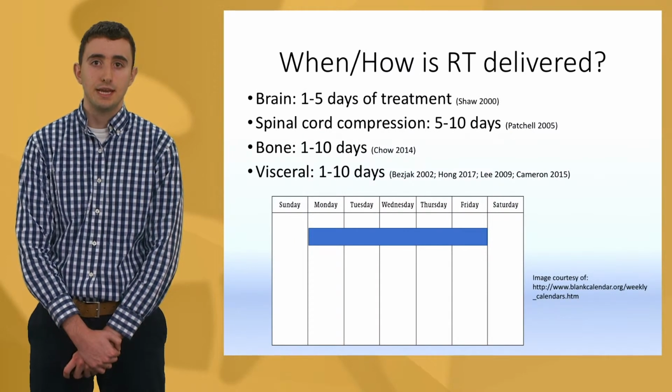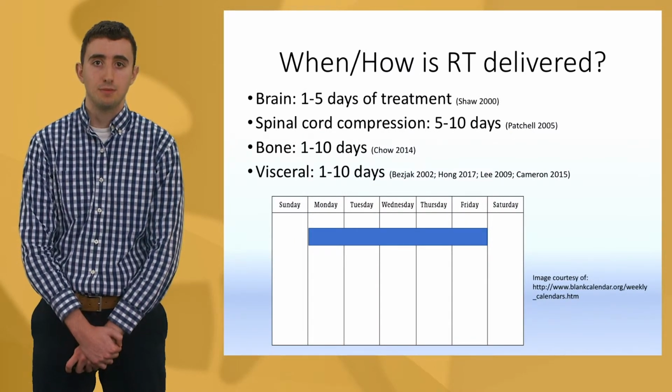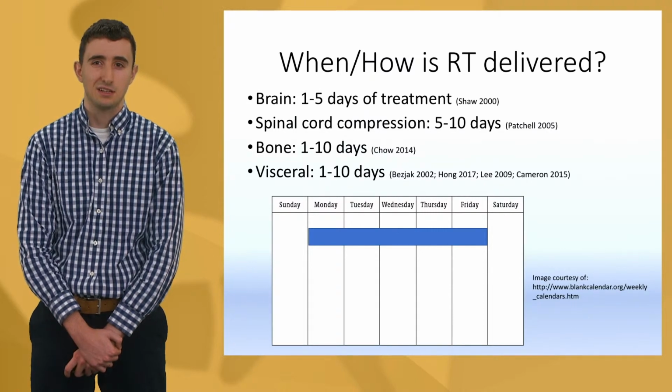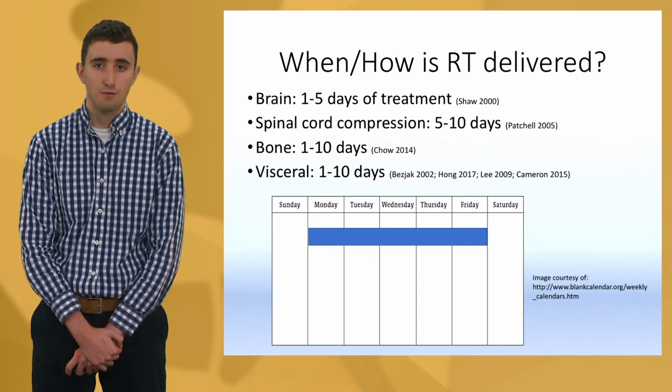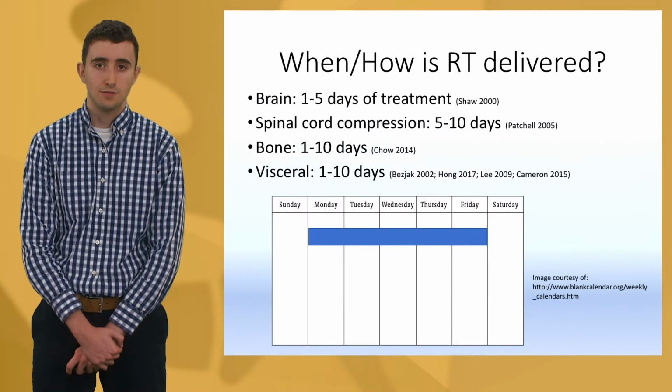Typically on a treatment day, the patient is asked to lie on the treatment table for about 15 minutes. During that time, the radiation is delivered for about 5 minutes. All in all, door-to-door time in the cancer clinic is about 30 to 45 minutes. Treatment is delivered once daily.